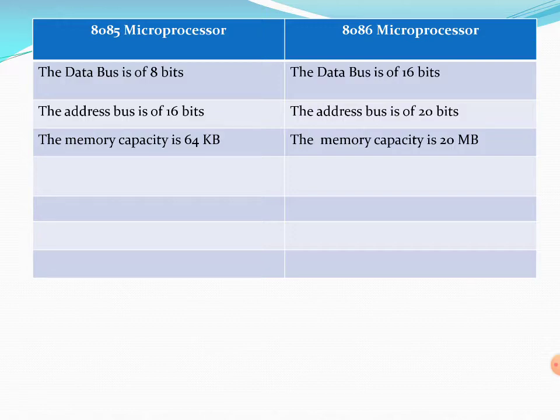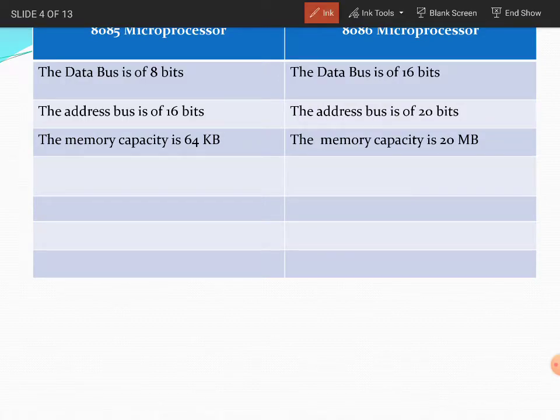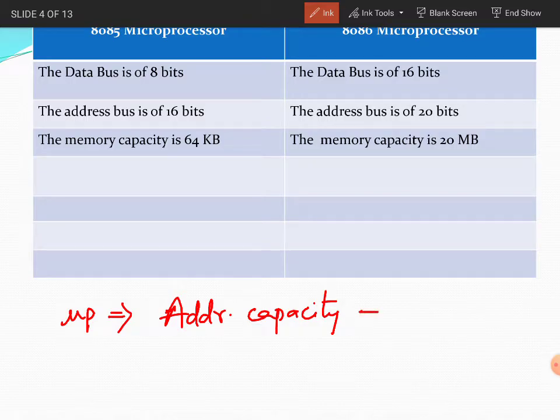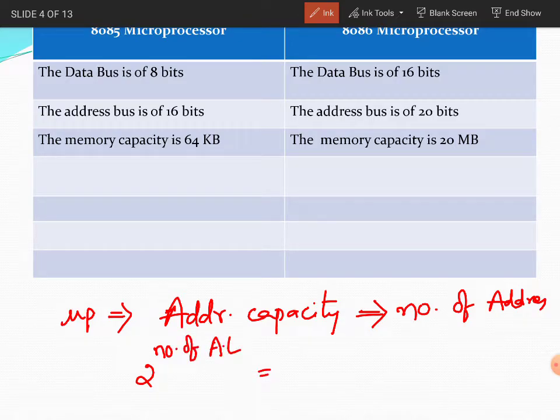For any microprocessor or microcontroller, the addressing capacity depends on the number of address lines. So 2 power the number of address lines will give you the memory capacity or addressing capacity of that particular microprocessor or microcontroller.